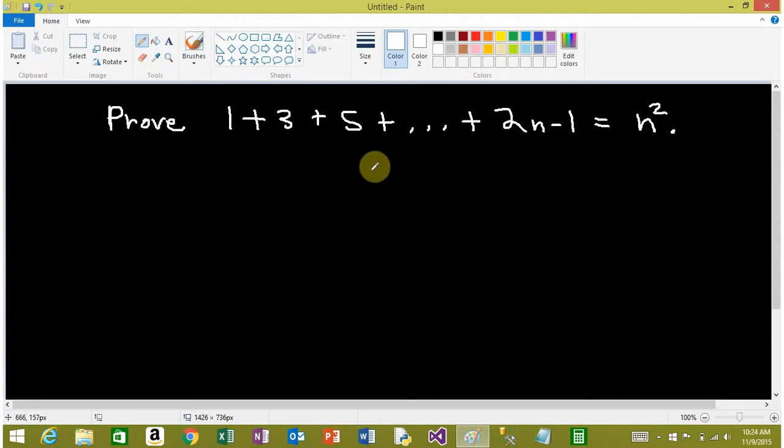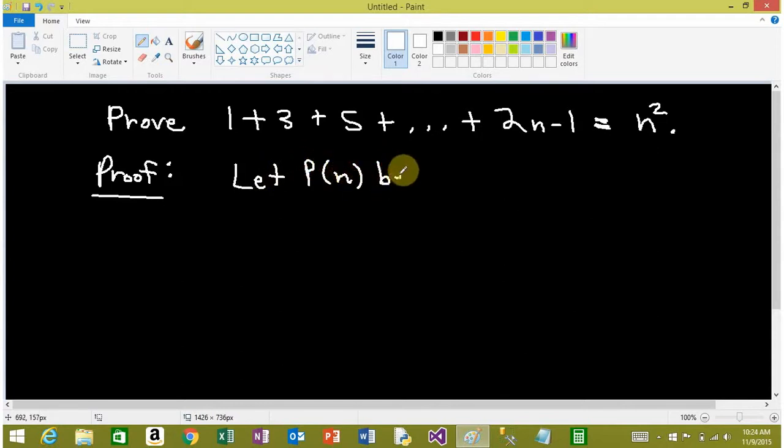So, adding up all the odd numbers, the n partial sum is going to give us n squared. We did not write this in summation notation, but that's okay. So we can just say proof, let P of n be this statement.